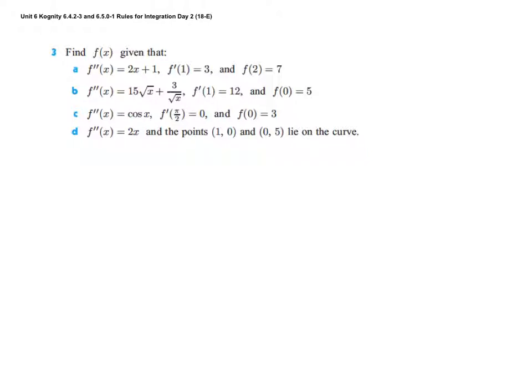The integral of the second derivative gave you the first derivative, and you could use this point to find what C is for the first derivative. Then you take the integral again to get the original function, and you use this point to find what C is. The last one here is a little different because notice they don't give you a point that's on the derivative.